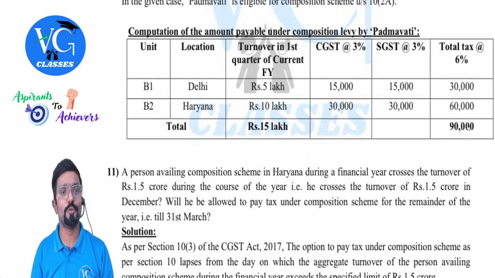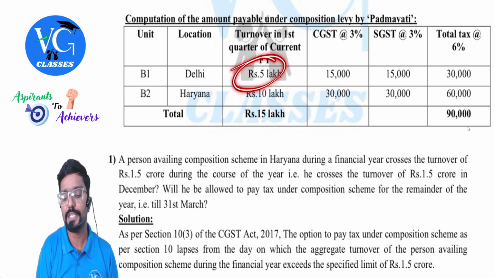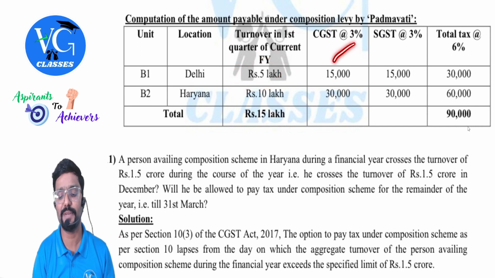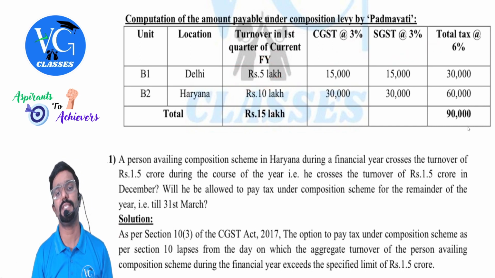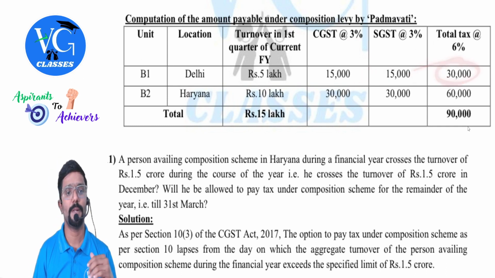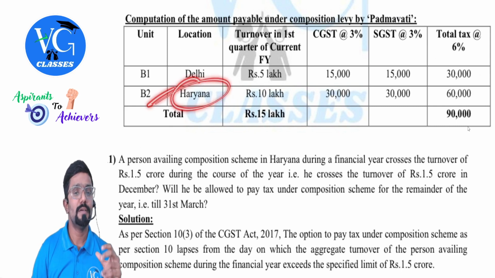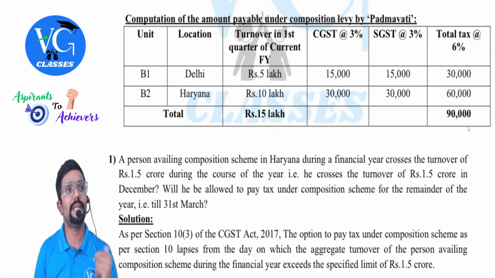So what is the tax she has to pay in each state? B1, that is Delhi, on 5 lakh, she has to pay 6%, that is 3% CGST, 3% SGST, 15,000 each. Total comes to 30,000. Then B2, Haryana. What is the turnover in Haryana? 10 lakh.